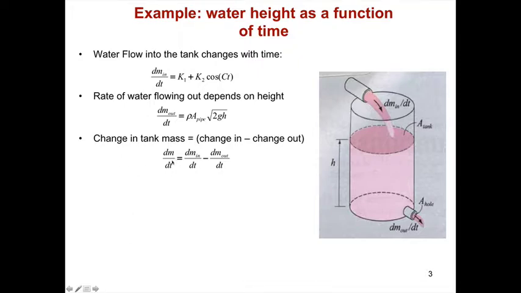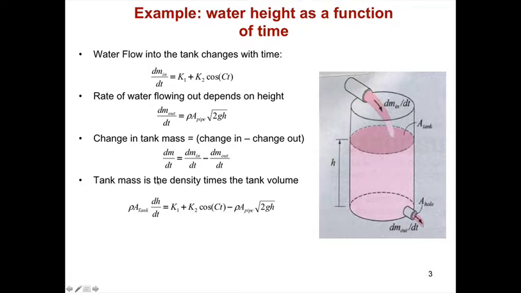And then the only thing that I have to actually figure out is what the mass of this water in the tank is. It's the volume times rho, right? That is simple. And my volume is the volume of a cylinder, so it's this height times the area of the tank.